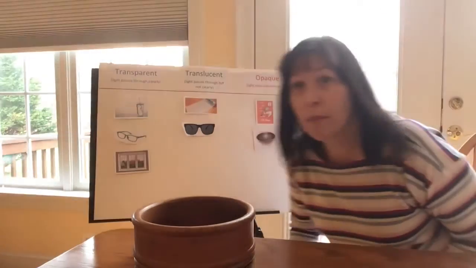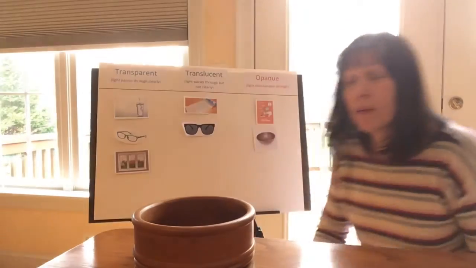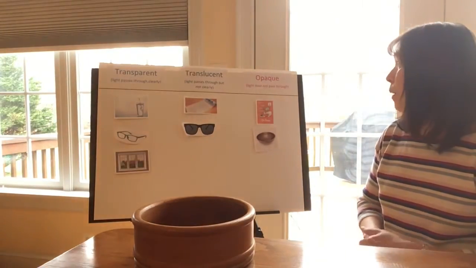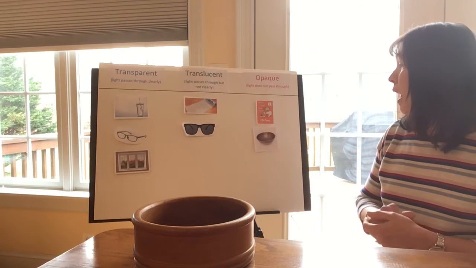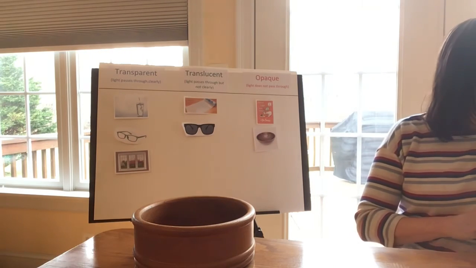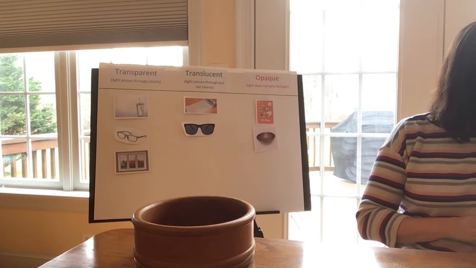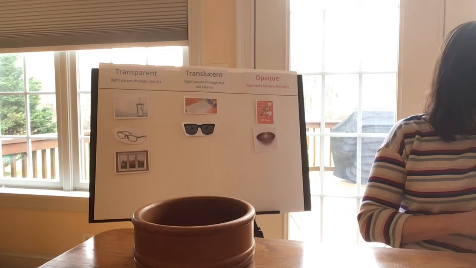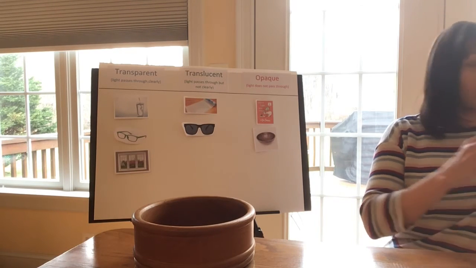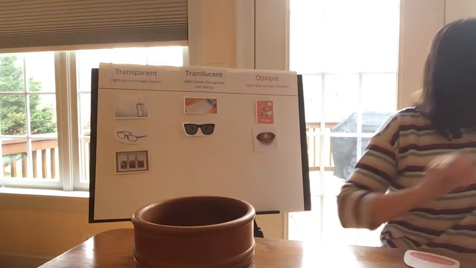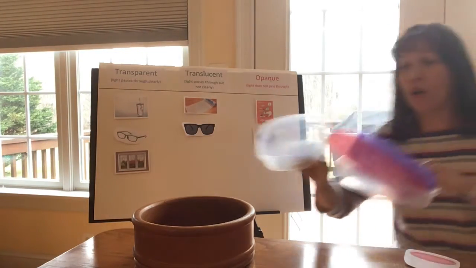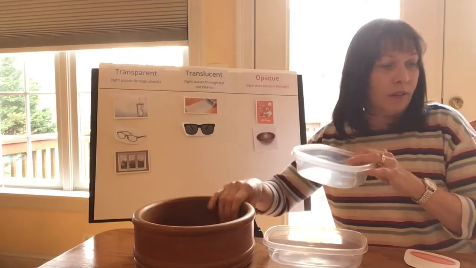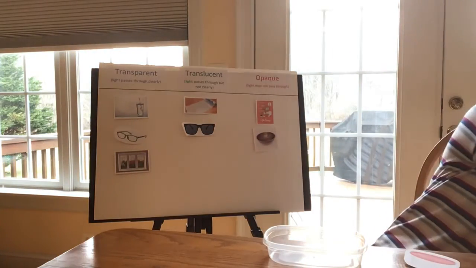Let's do a couple more. Let's do another one. An item that we all have lots of at home, kind of called food containers. There's all kinds of different names for them.